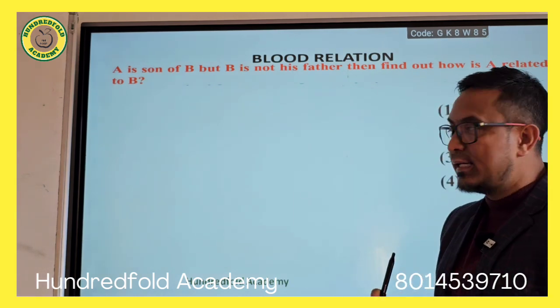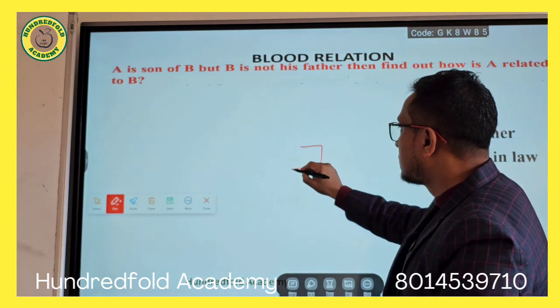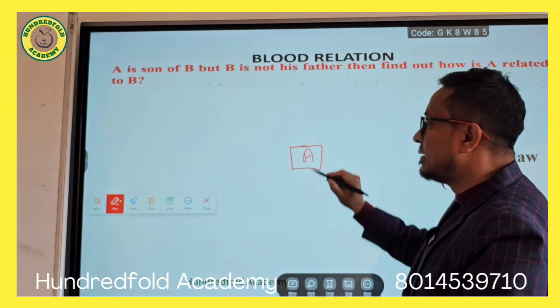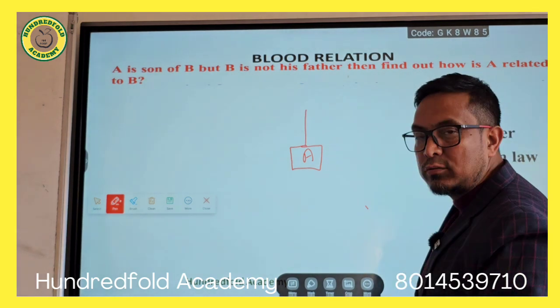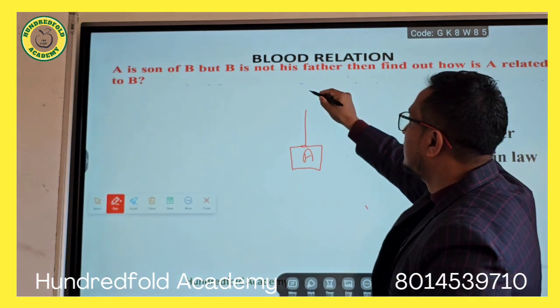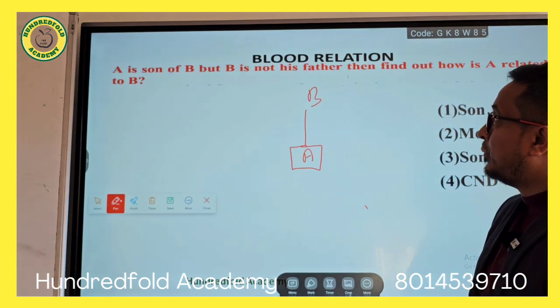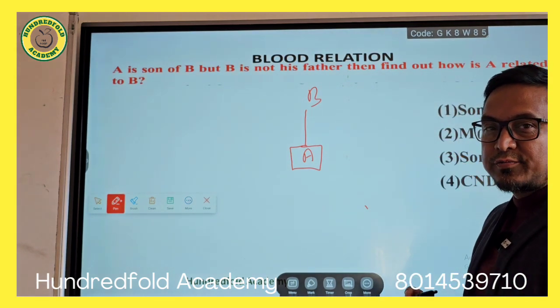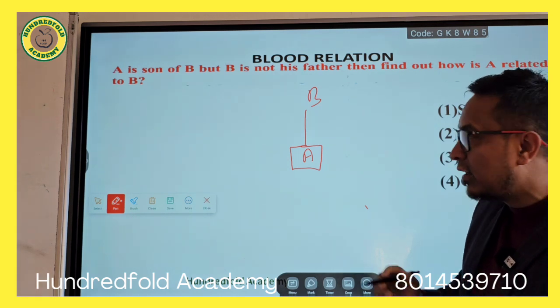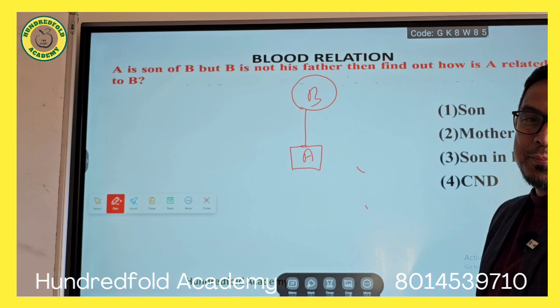A is a son, so it will be one generation down. A is the son of B, but B is not his father, so it cannot be a square. If she is not his father, then automatically she is his mother.